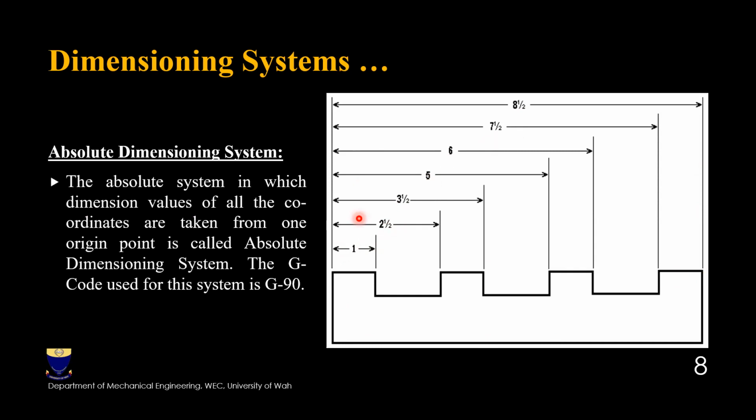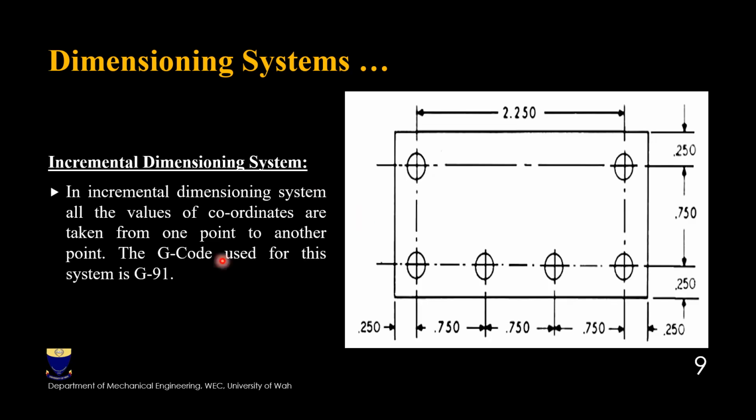What are the advantages of absolute dimensioning system over incremental dimensioning system? So incremental dimensioning system. So if it is the starting reference point from where the pointer highlights, the first coordinate or the first dimension is taken with respect to this reference point. So this distance in the x-axis is 0.25 and in the y-axis is 0.25. So we just have to fit in x 0.25 and y 0.25.